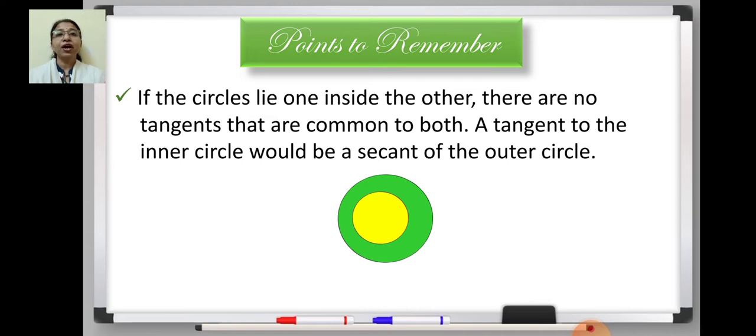If I try to draw a tangent to the inner circle, that would intersect the outer one in two distinct points, so it will be a secant to the outer circle. And if I try to draw a tangent to the outer circle, then that will not touch the inner circle. That is why it's not possible to draw a common tangent in this case. Understood? Okay.